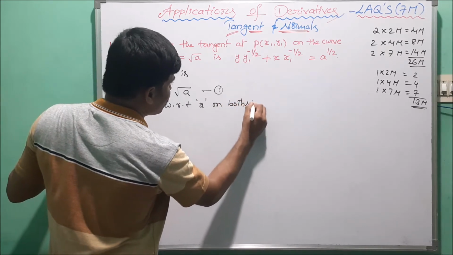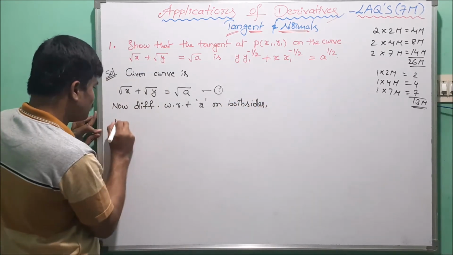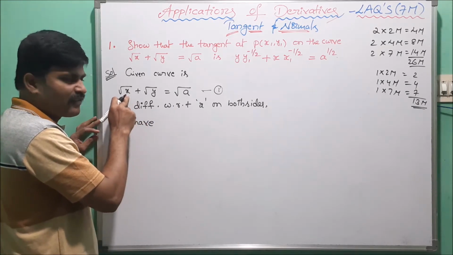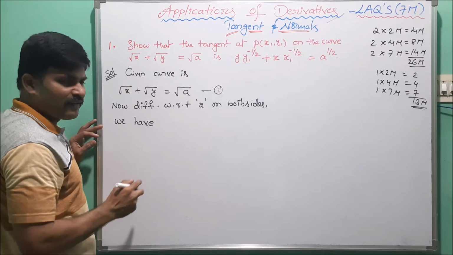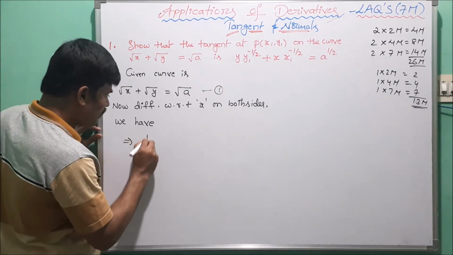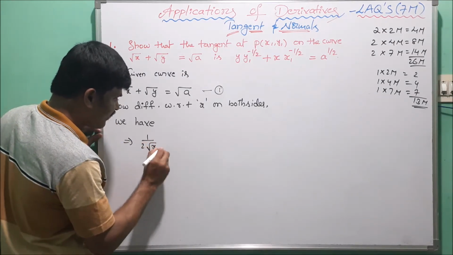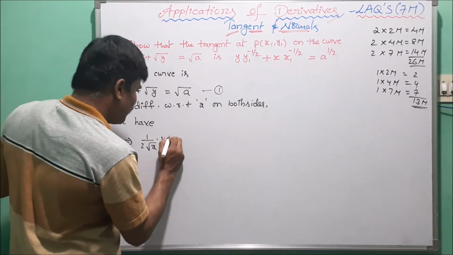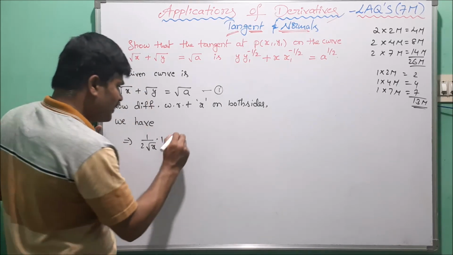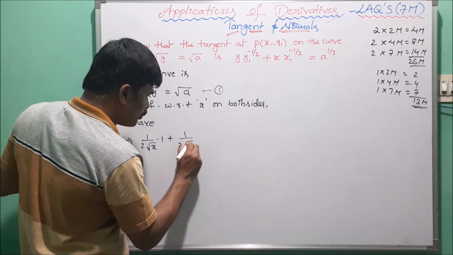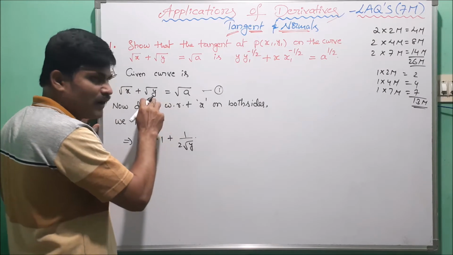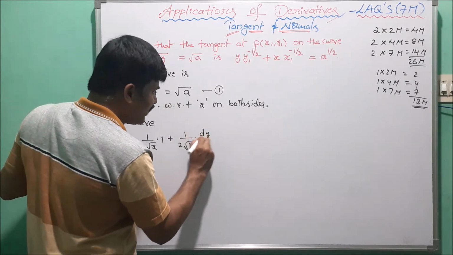So here this is square root x. The derivative of square root x is 1 by 2 root x, and the derivative of x is 1, plus square root y, derivative 1 by 2 root y, and y derivative with respect to x is dy by dx.